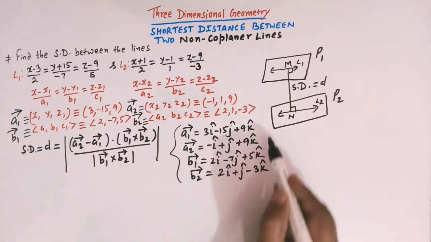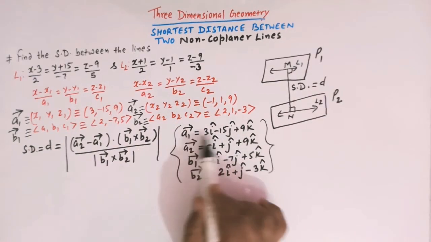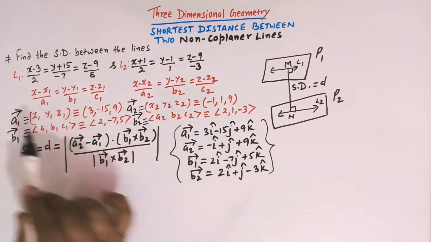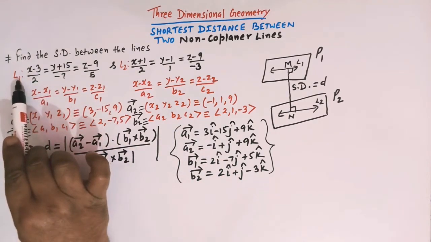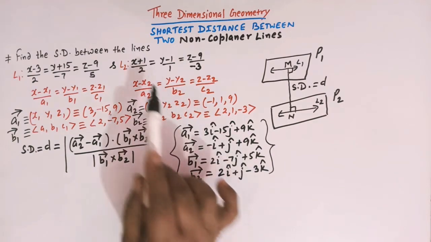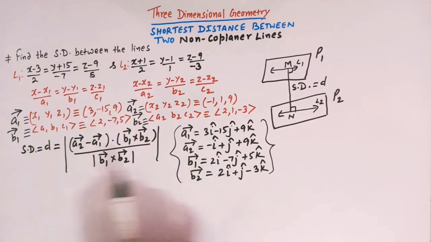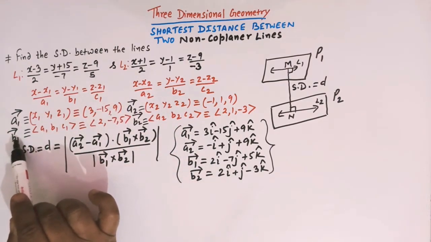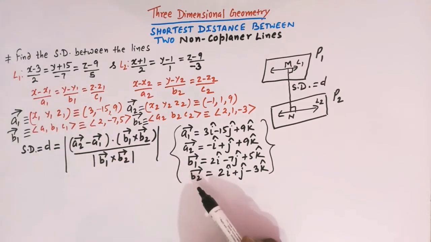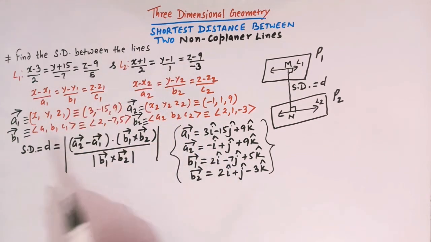So now we have expressed all these numbers in the form of vectors, right? Vector a1 represents the point through which line L1 passes. Vector a2 represents the point through which line L2 passes, and vector b1 gives the direction ratios of the line L1, and vector b2 gives the direction ratios of the line L2, right?